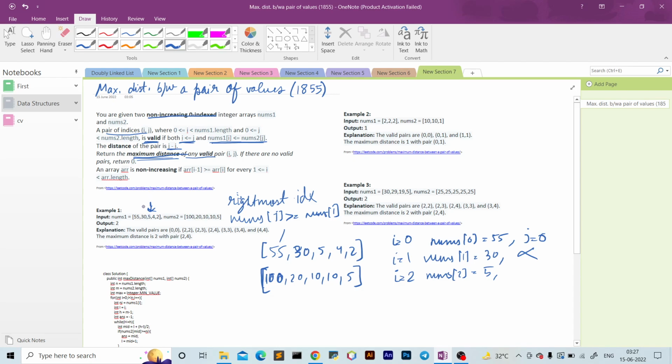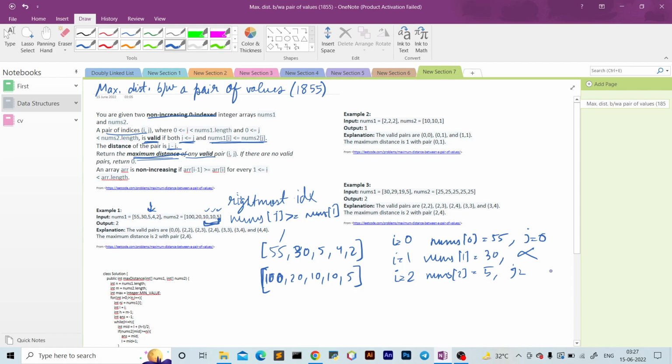For this i equal to 2, we can only look at this part. This is greater, this is greater, this is greater, but this one is equal. We would only consider this index because this would give the maximum answer.